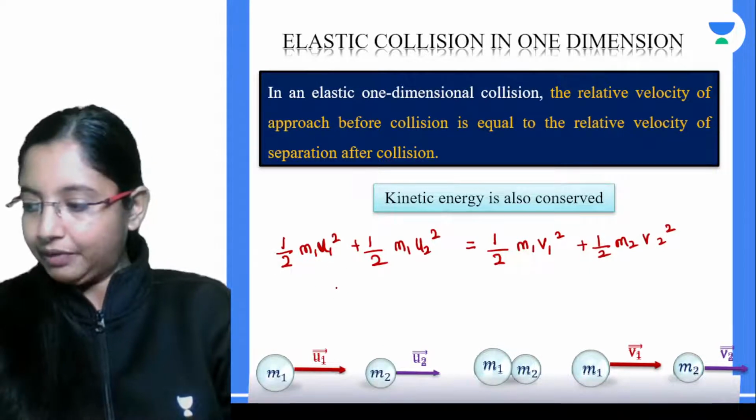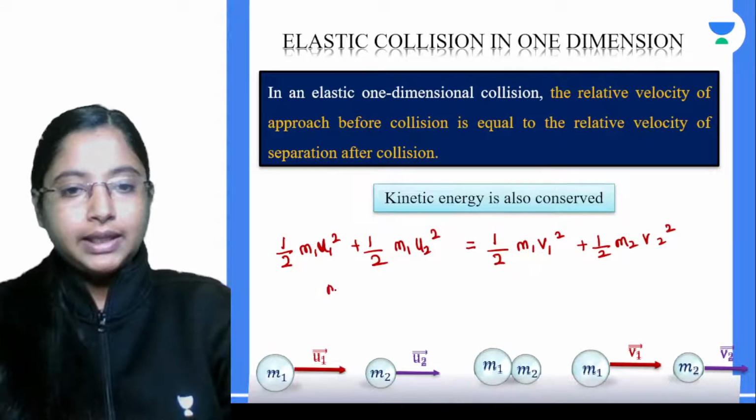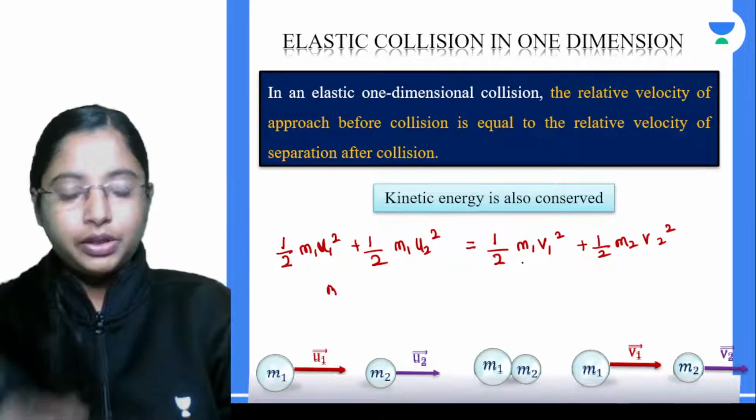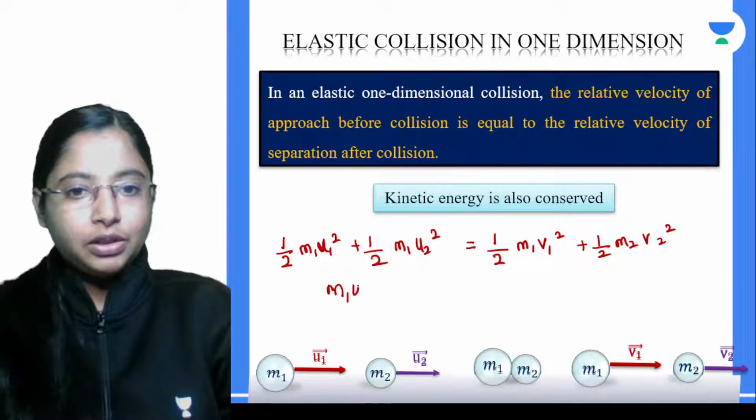Then let's take similar quantities on the same side. We have m1 u1 square.